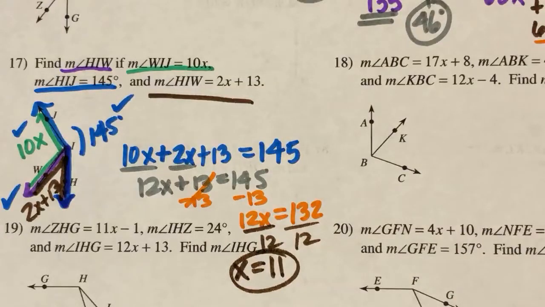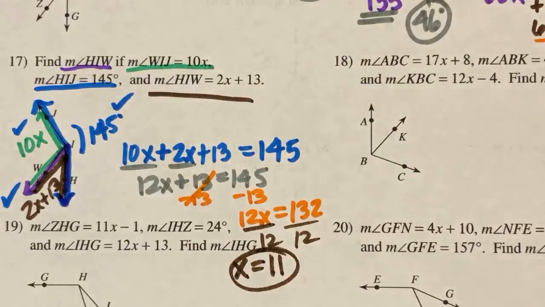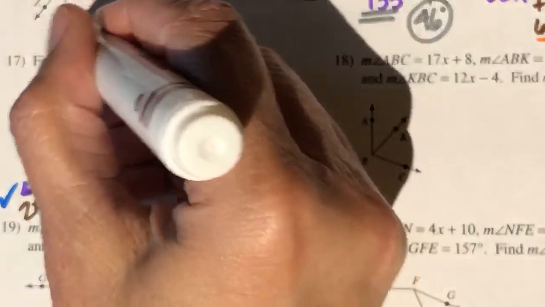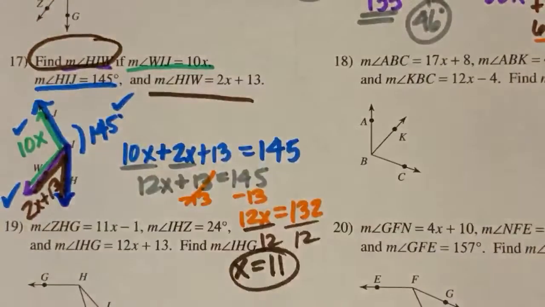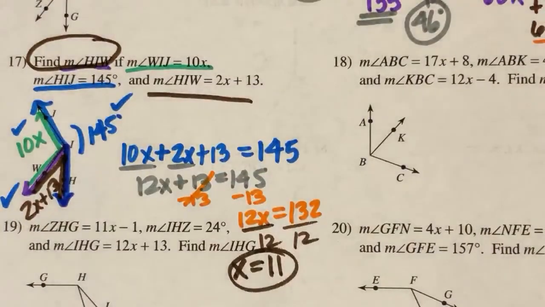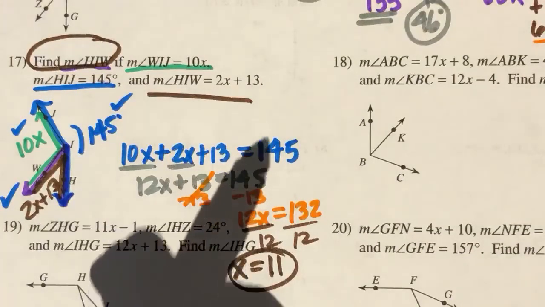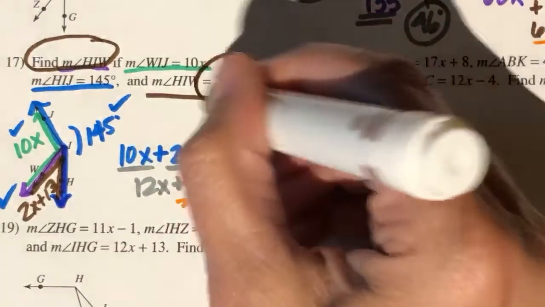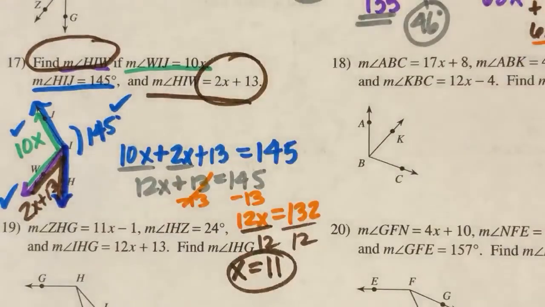Now in this particular example, unlike 16, which just wants you to find x, you are actually being asked to find HIW. Don't be a smart butt and put a little arrow there and say, oh, it's right there. HIW is this guy, the 2x plus 13.